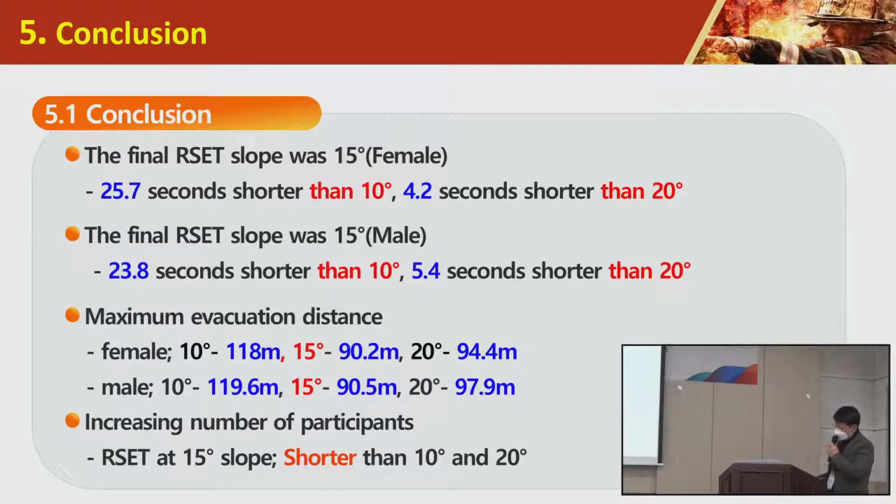Third conclusion was that the maximum evacuation distance for both female and male at slope 15 degrees is very short. And even with more participants, 15 degrees is the most effective slope.